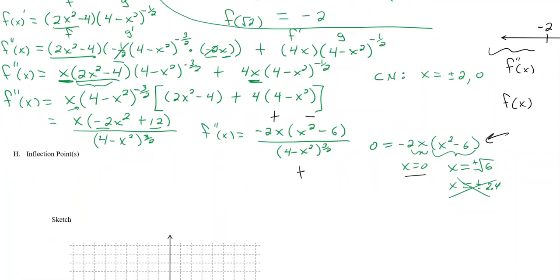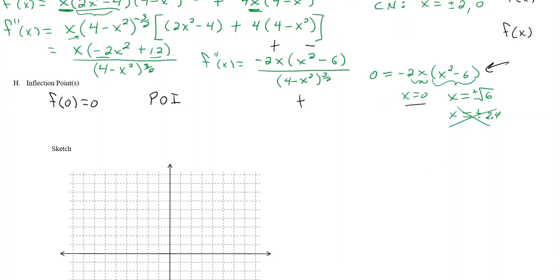So the only real inflection point here would be at the point f of 0 is equal to 0, which we'll say is a point of inflection. Okay. All right, I think we're ready.